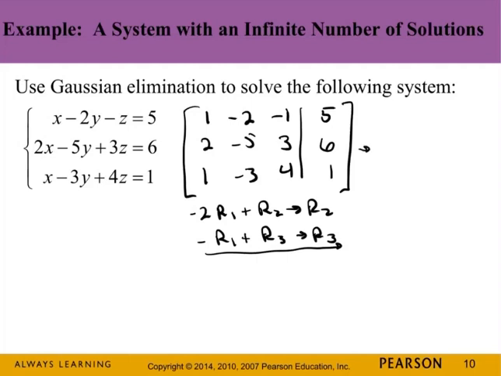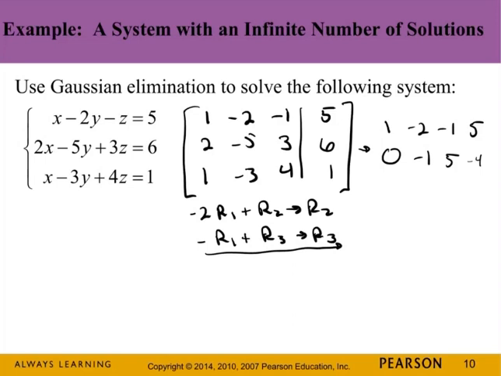Let it unfold, right? So row 1 stays as is: 1, -2, -1, 5. Then -2 plus 2 is 0. 4 plus -5 is -1. 2 plus 3 is 5. -10 plus 6 is -4.